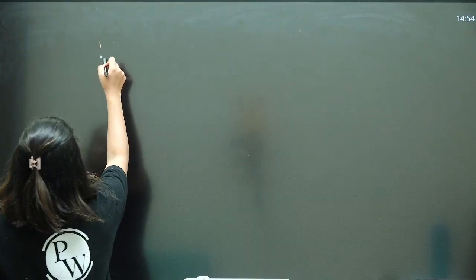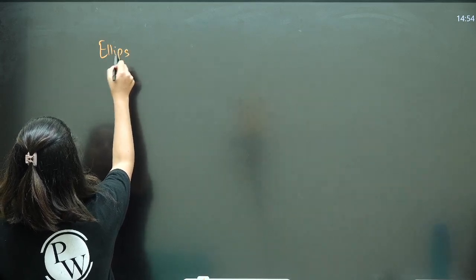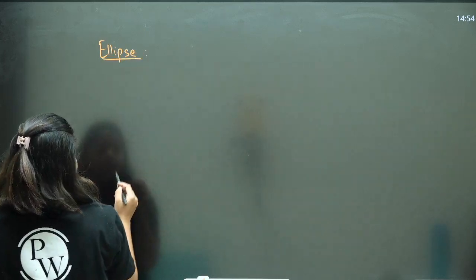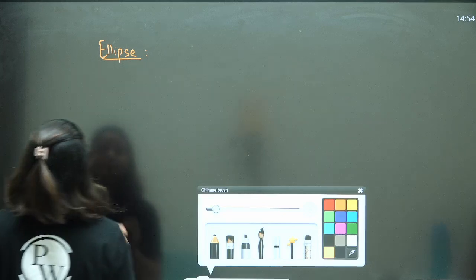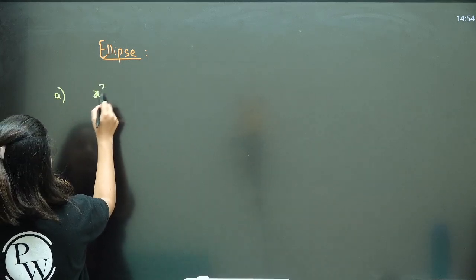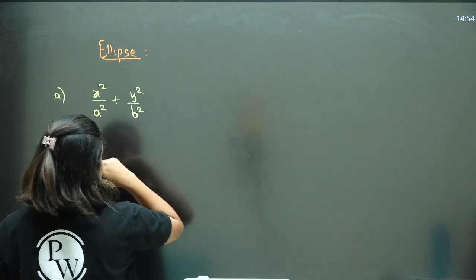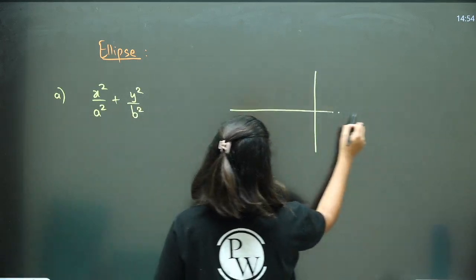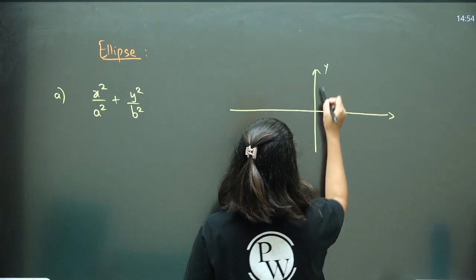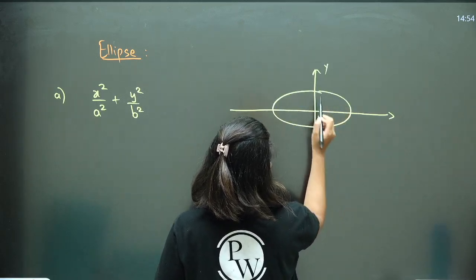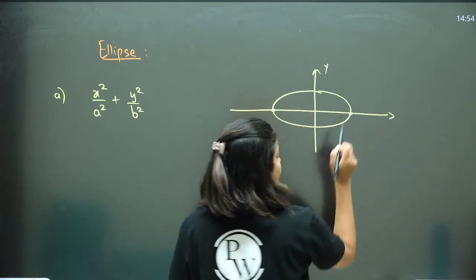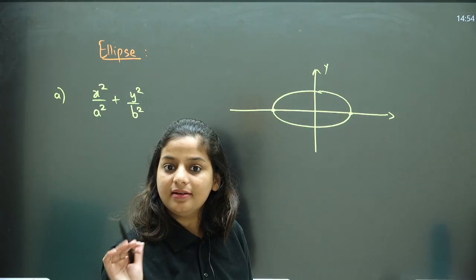do you know the different equations of ellipse? There are 2 types of ellipse. First one, x square upon a square plus y square upon b square equal to 1. A is always the major axis, b is always the minor axis.